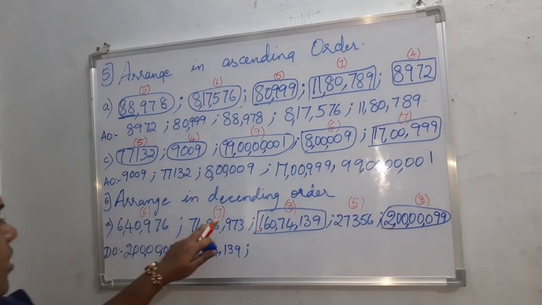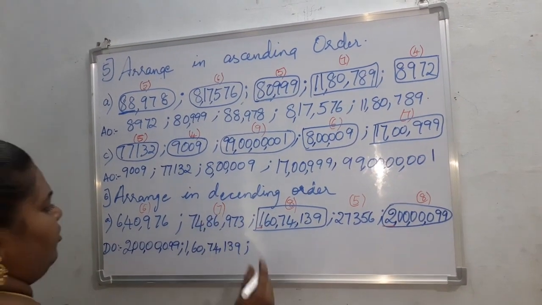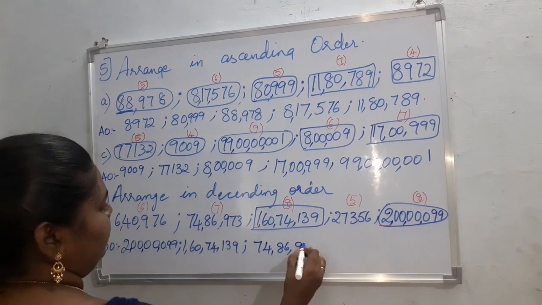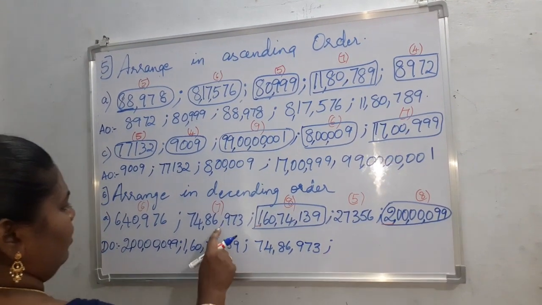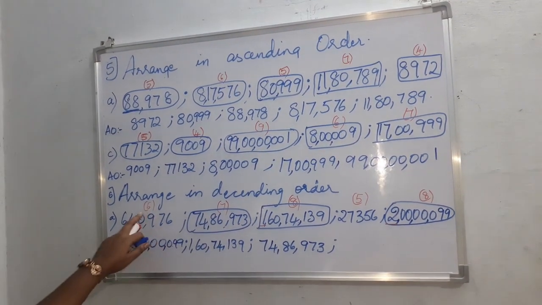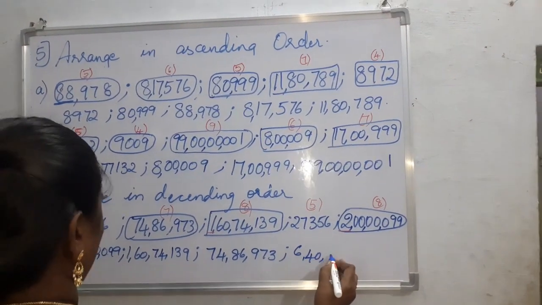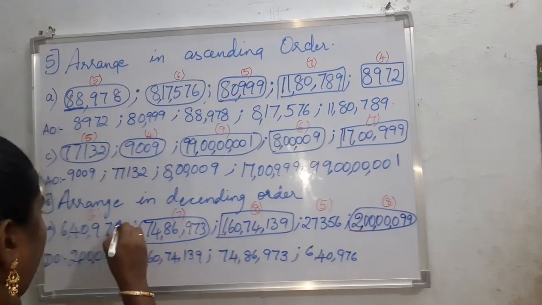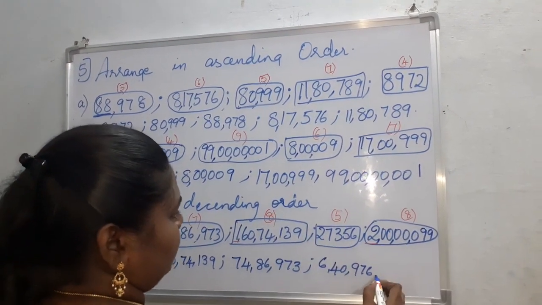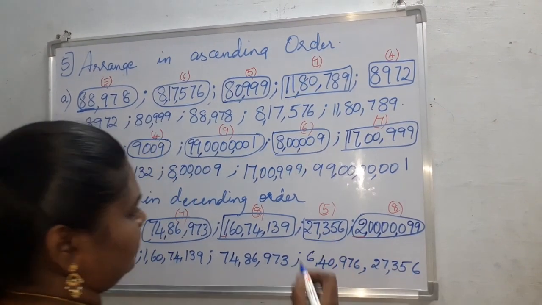Next 6 digit, 7 digit, 5 digit. Clearly you can see 7 is the bigger number of digits. So 74 lakh 86,973. The next one is this, that is 6,40,976. And the smallest among these is this last number, 27,356.